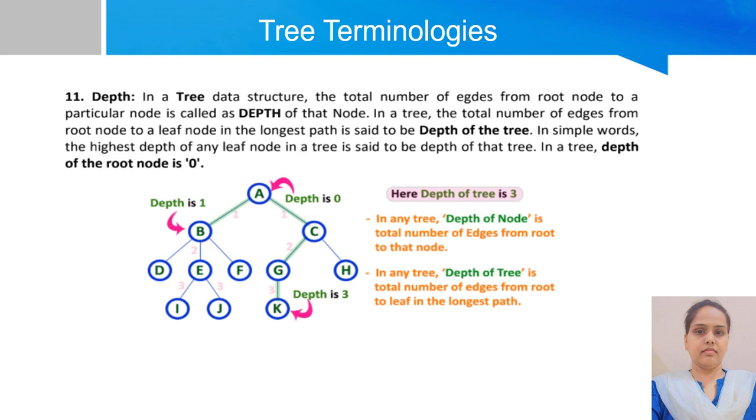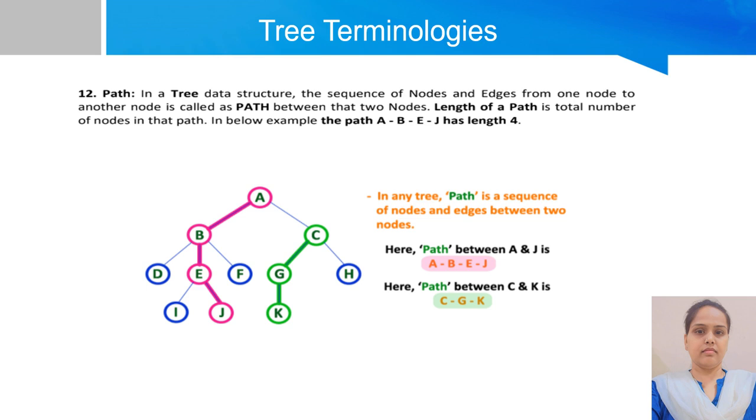Path. A path is a sequence of nodes connected by edges. Here, if we want to traverse from A to J, then the path will be A, B, E, J. If we want to traverse C to K, then the path will be C, G, and K.